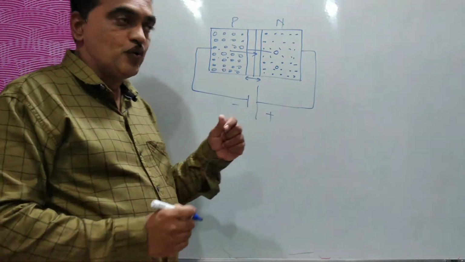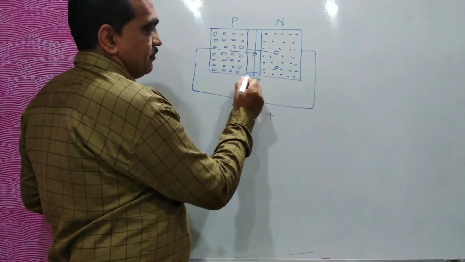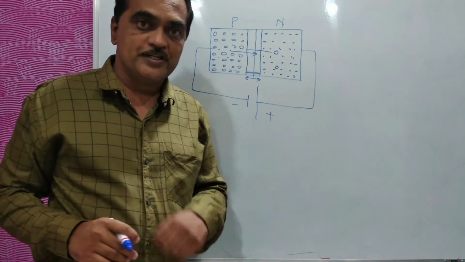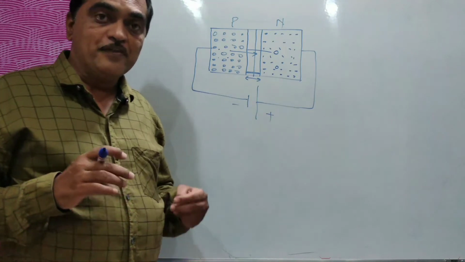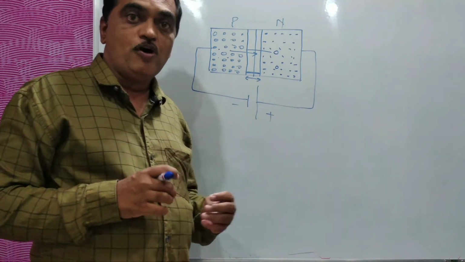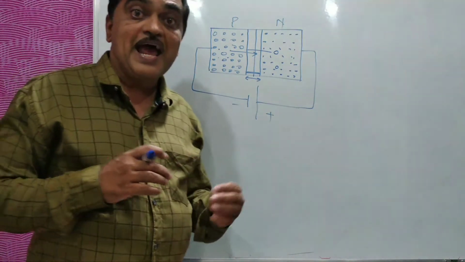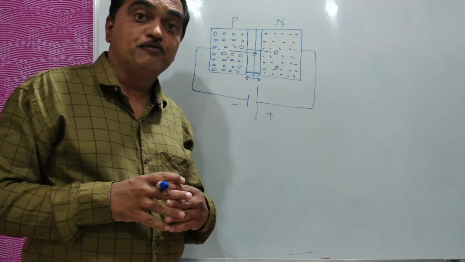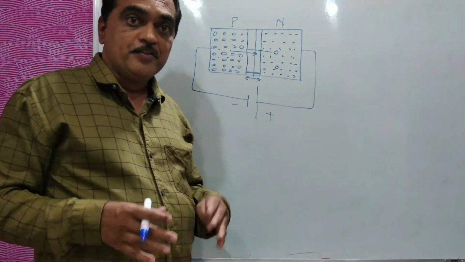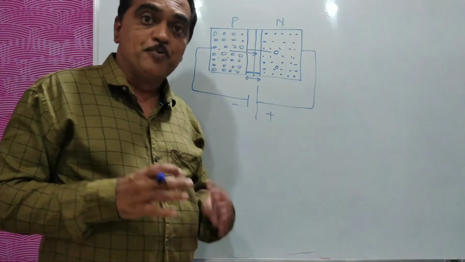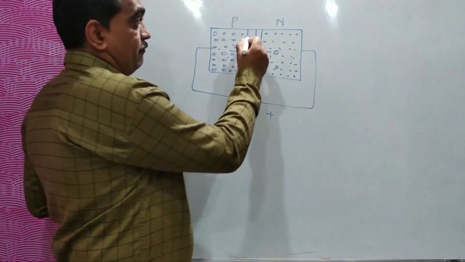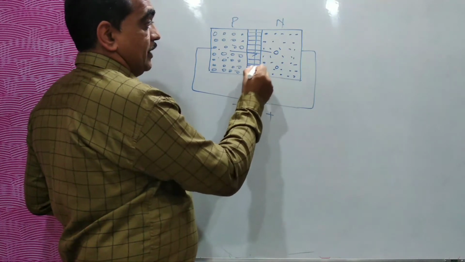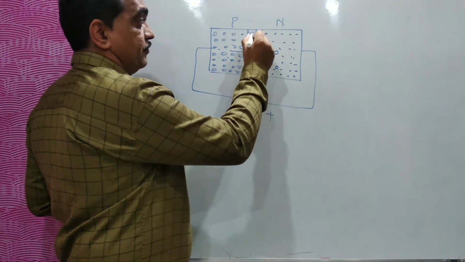When they are crossing over, this depletion region will be less as compared to the conventional diode. So there will be no collision of these charge carriers with the atoms inside, and no free electrons coming because of collision. But the atom bonds can be broken with the help of the electric field available in this depletion region.